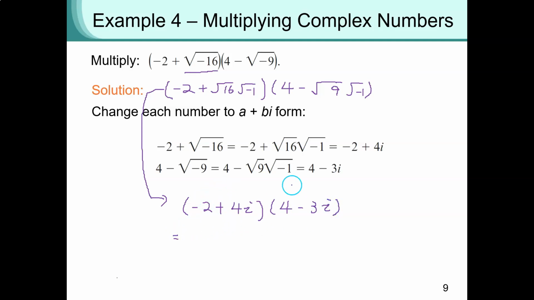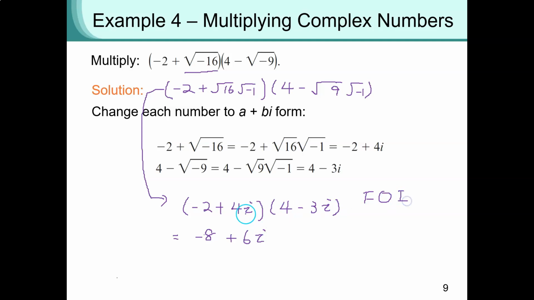Now we use FOIL. The first two, we have negative 2 times positive 4, so we get negative 8. Outside two, we have negative 2 multiplied with negative 3i, it turns to positive 6i.